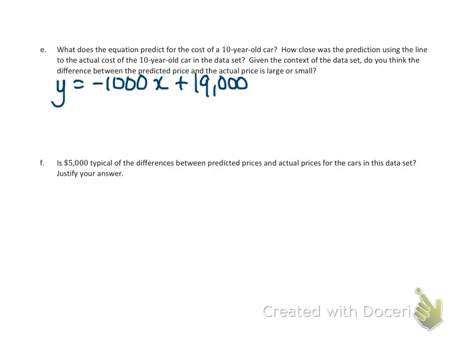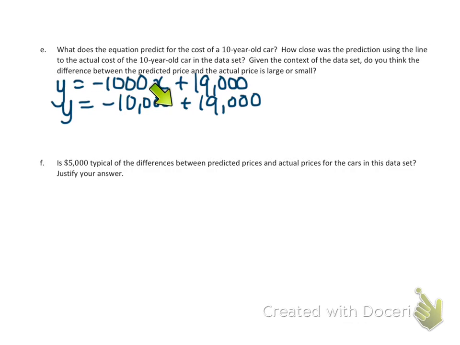Okay, so for a 10-year-old car, that would be y is equal to negative 10,000 plus 19,000. Okay, so to get the negative 10,000, I just multiplied 10 years times negative 1,000.